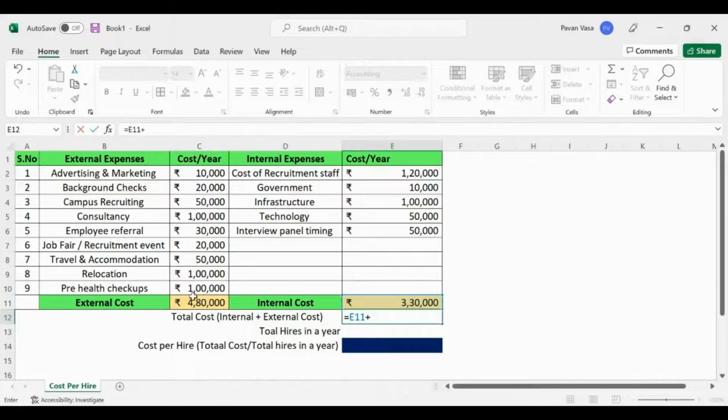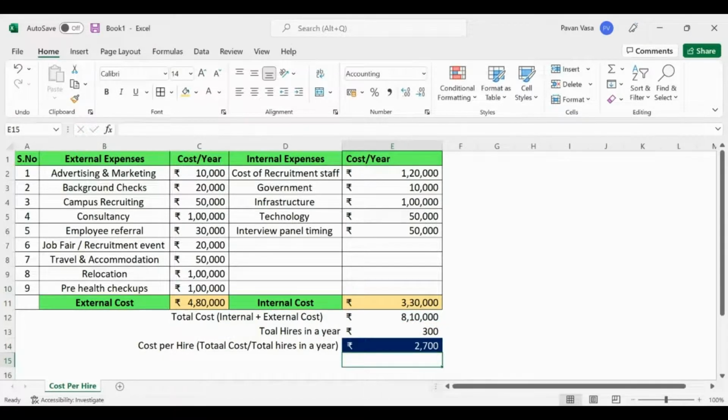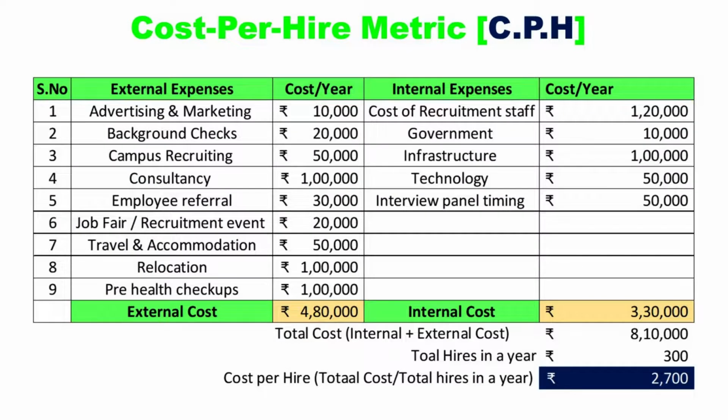To arrive at total cost, we need to add both of them. Let us divide the recruitment cost by the number of hires. Now, we got the cost per hire in a year for Company A is 2,700 rupees. Hope now you got the clarity on how to calculate the cost per hire metric.